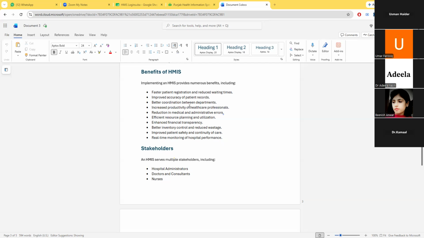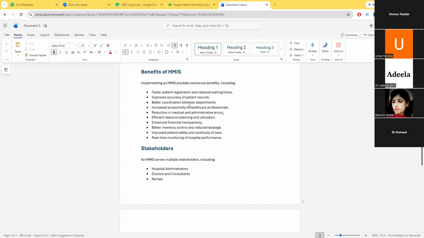Also, you can refer the patient to other hospitals as well. For example, if your hospital does not have access to certain facilities or machines, you can refer to that particular health facility.